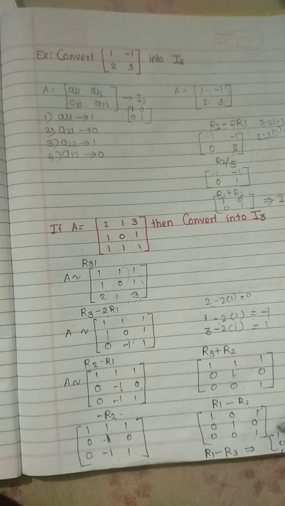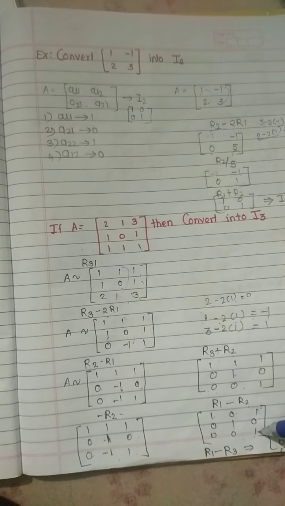And last, the A33 position, reduce the A33 position element to 1. This step is already done. Next step, the A23 position element to 0. This step is also already done. And last step, reduce the A13 position element to 0 using the operation R1 minus R3. Only the first row changes, R2 and R3 remain the same.